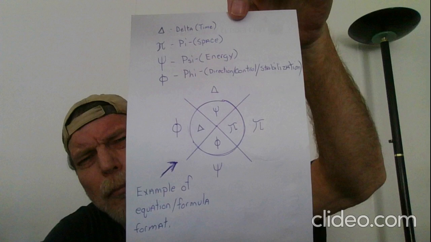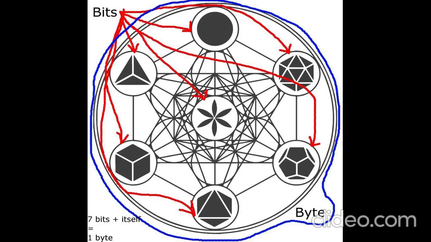Okay, so we get to the next slide and we say, oh, well, here we are again. This is, again, Metatron's cube, okay? And if you'll notice around the perimeter, there are geometric shapes within each little node at the tips of each point.